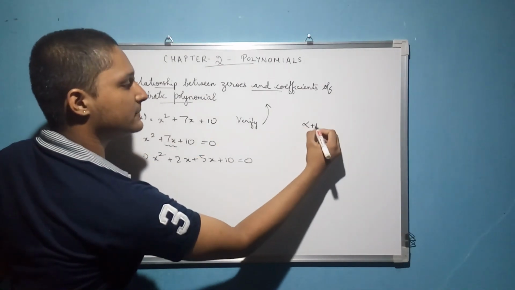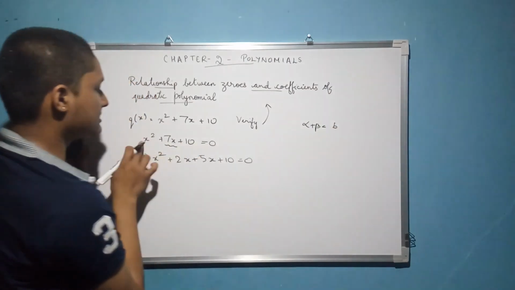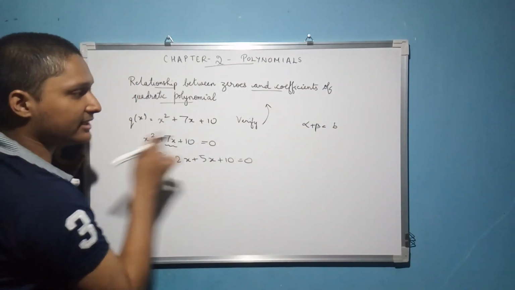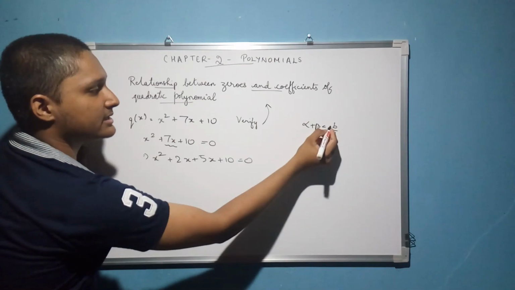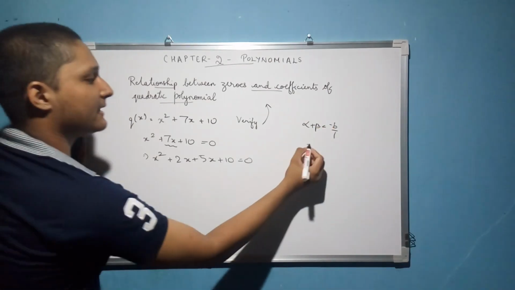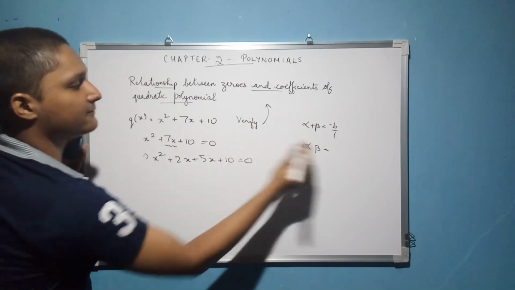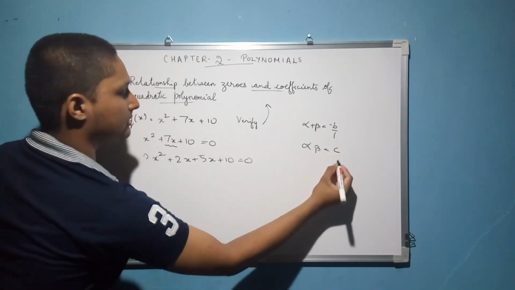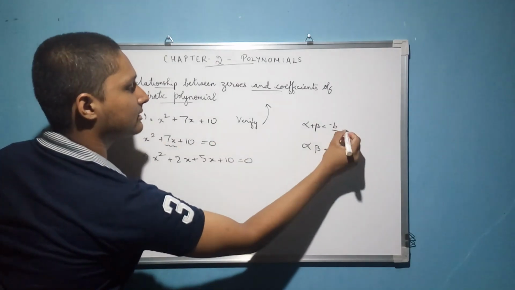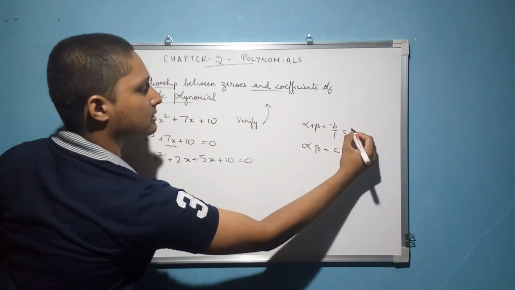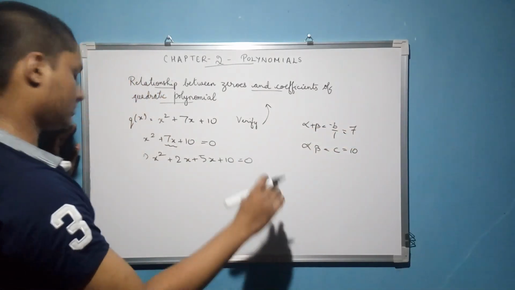We know that alpha plus beta is equal to minus b, considering a is 1. Then alpha beta is equal to c, that is 10. In this case, the sum is 7 and the product is 10.